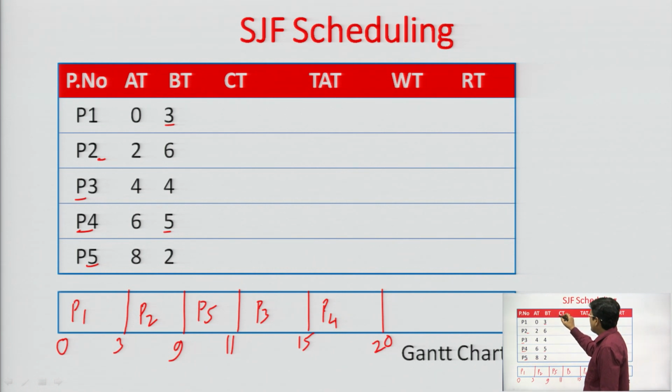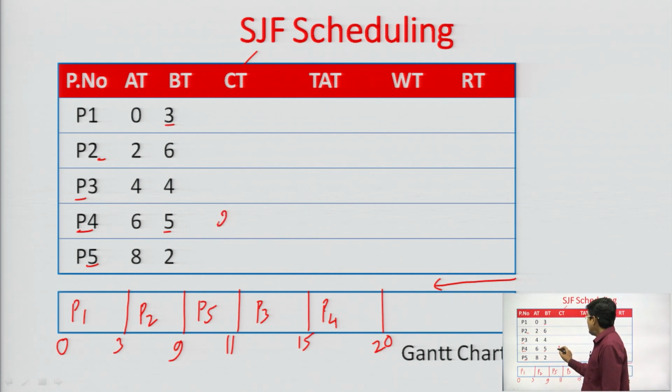We have to compute the completion time now. I told you in the earlier lectures that for finding out the completion time, we need to traverse this Gantt chart from right to left, and the position where the process appears for the last time is the completion time. So, the P4 process is finishing at 20.